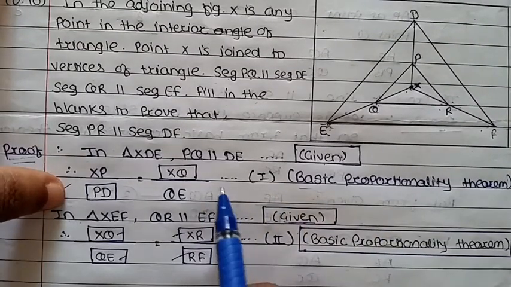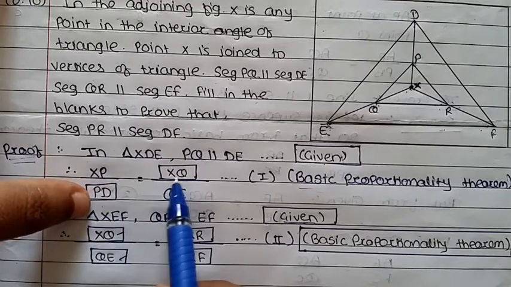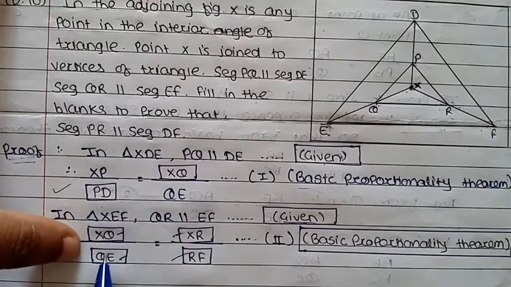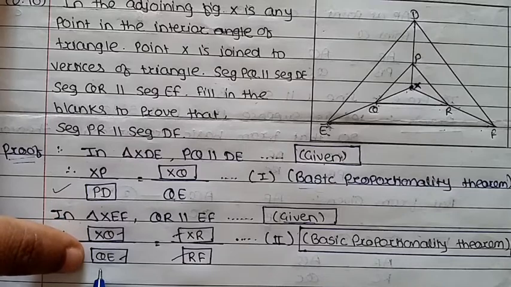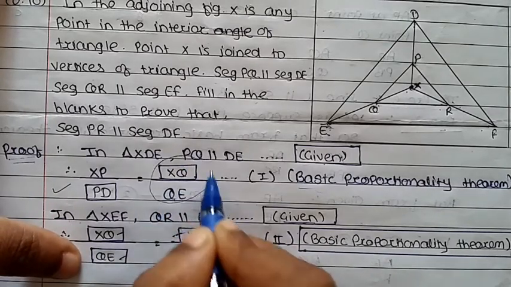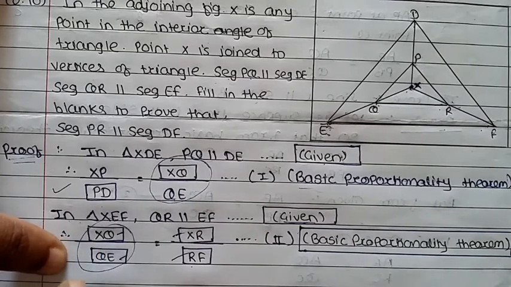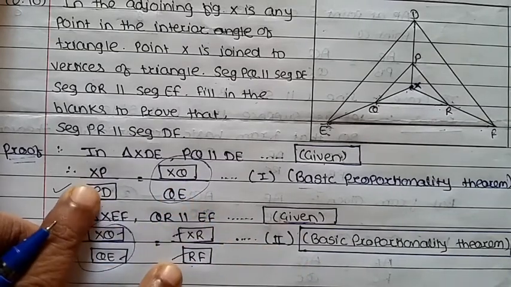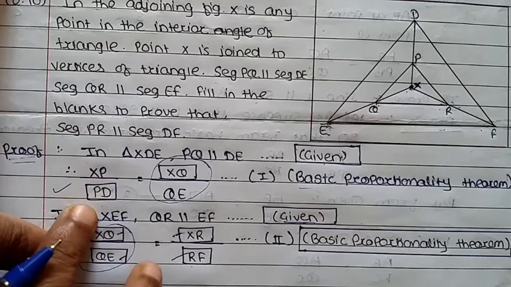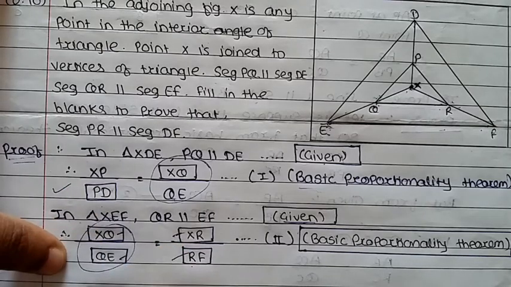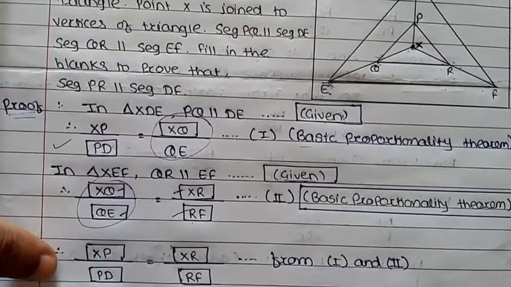Now next, just observe equation 1 and 2. What is equation 1 here? XP upon PD is equal to XQ upon QE, and in the next equation, XQ upon QE is equal to XR upon RF. So just observe these two, this one and this one. These are equal. If these terms are equal, we can write directly XP upon PD is equal to XR upon RF. Okay. So the next step is based on this only.